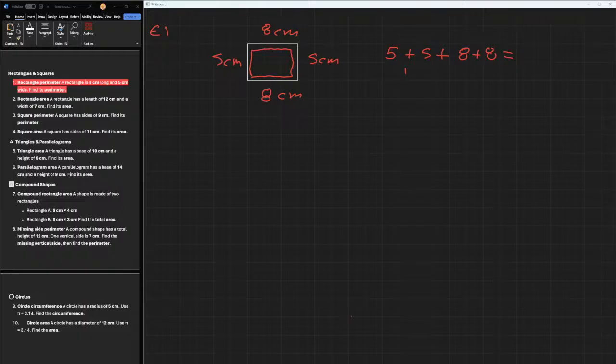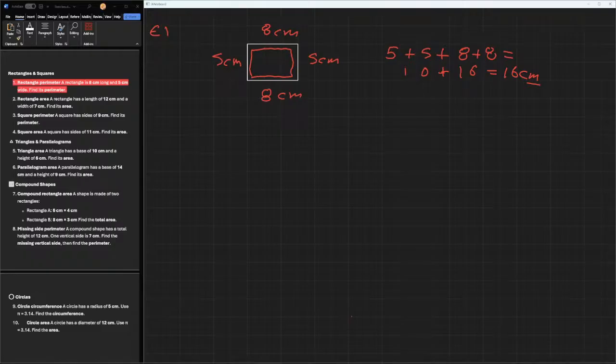So 5 plus 5 is 10, plus 8 plus 8 is 16. And then because it's the perimeter, we just leave it as it is. Now if it was an area, you would need to add the 2. Okay, so for the first question, the answer is 16.